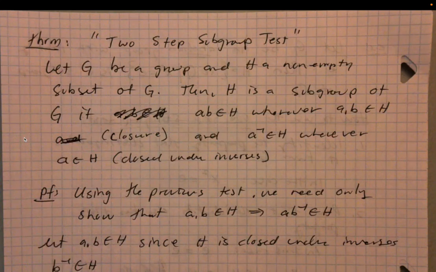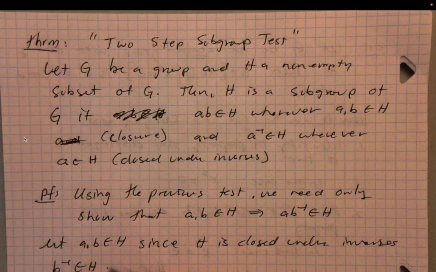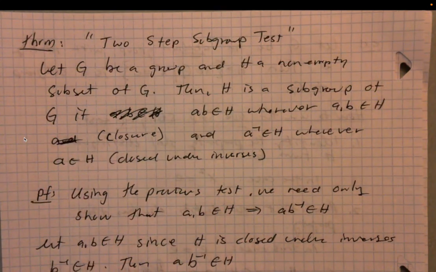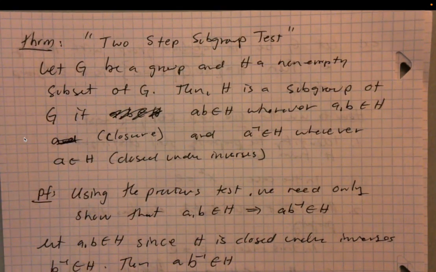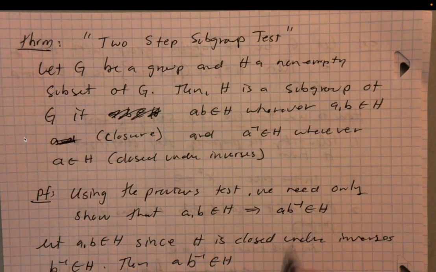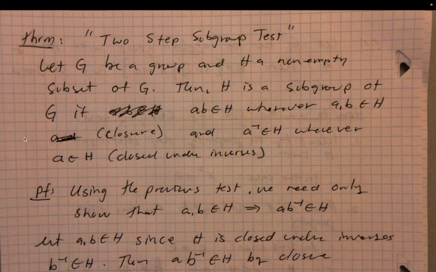Okay. Then A times B inverse is in H. And that's just proper closure, by closure of the operation.